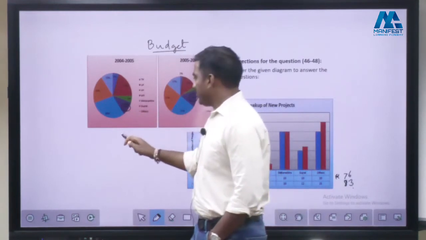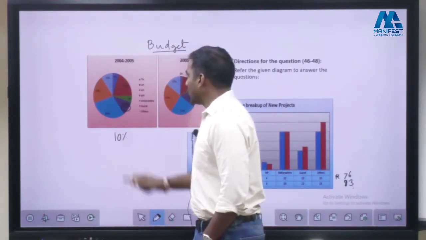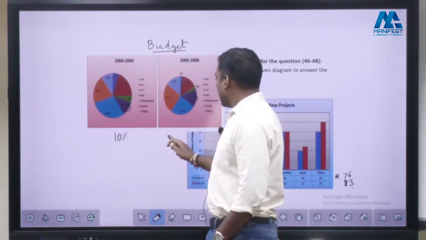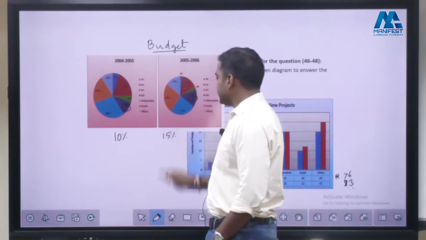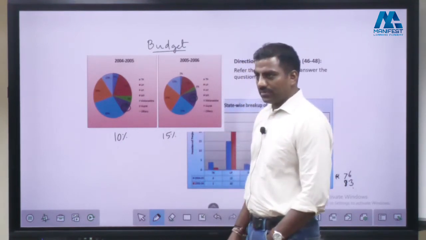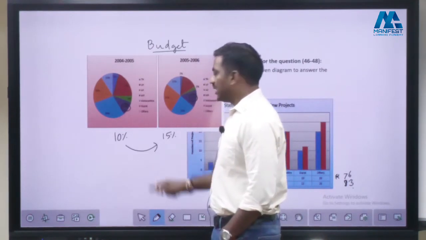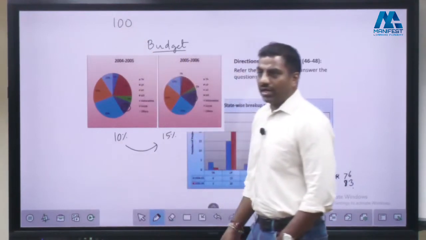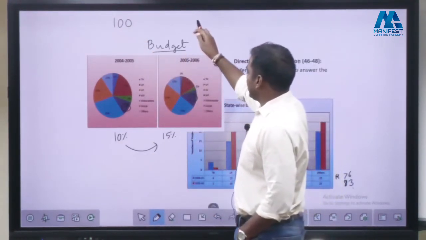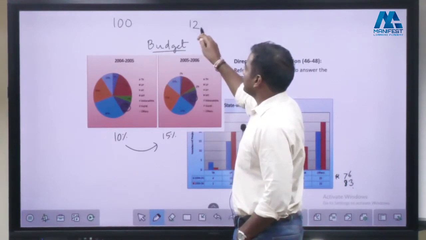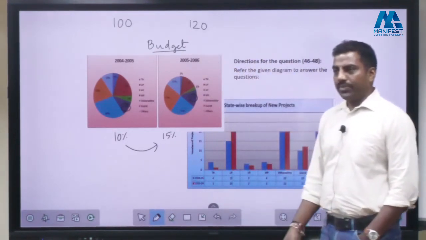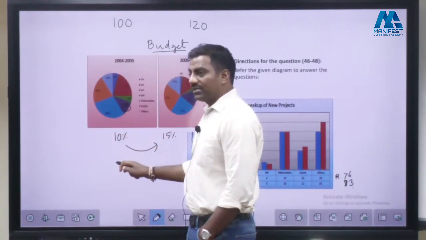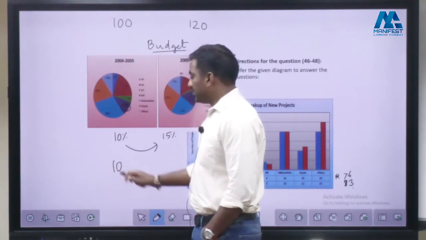So let's say 10% of the total outlay in 2004-05 is becoming 15% in 2005-06, and there is increase. For example, if 100 rupees was the total outlay for the entire project, in 2005-06 it would have been 120 total outlay. In that, 10% is MP's. So 10% of MP is out of 100, 10 rupees.